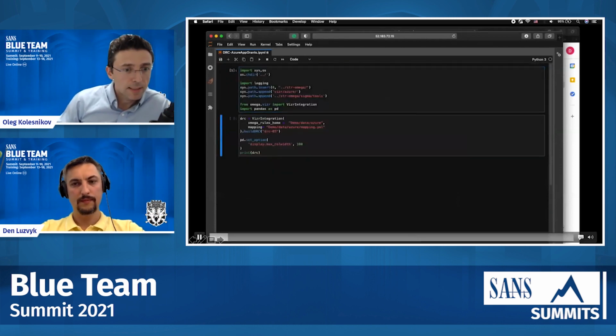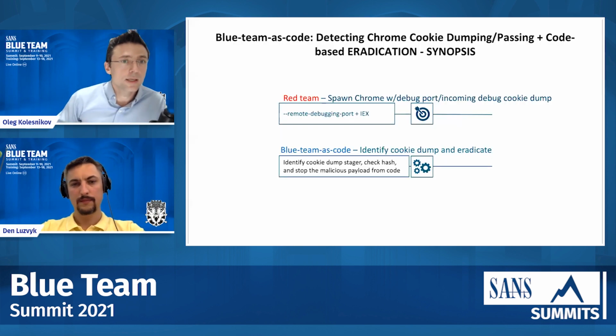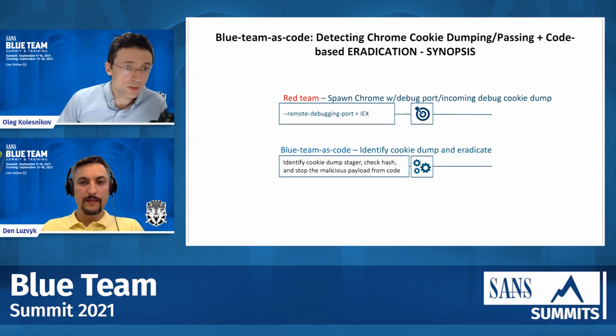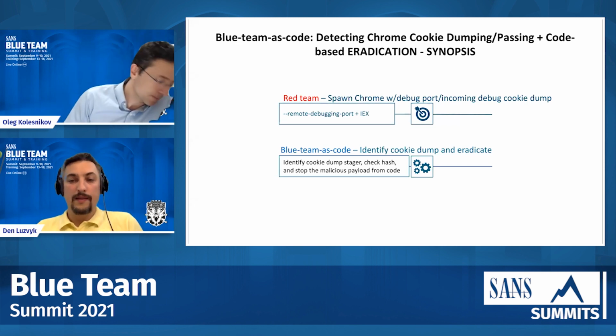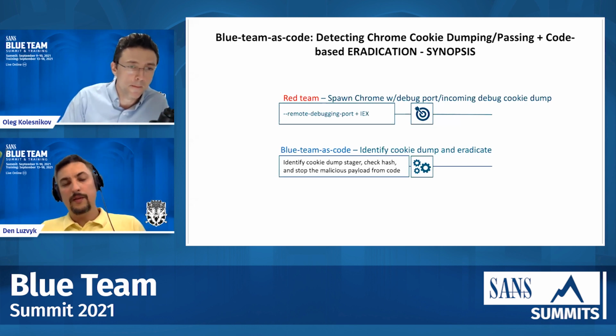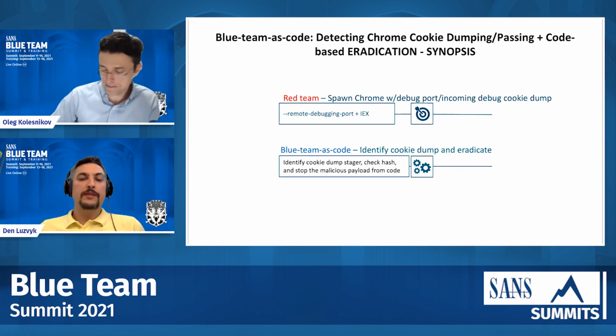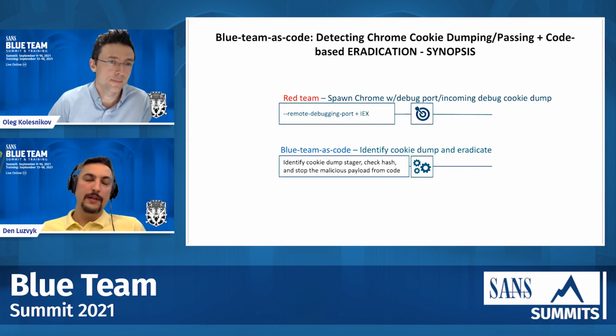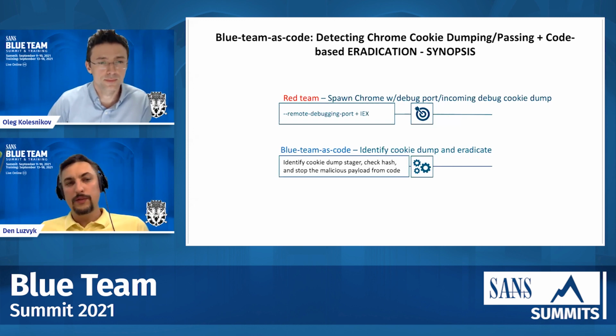So moving on, this one is going to be an example of eradication from code, which is also very important, Dan. Thank you. In this pass-the-cookie example, the Red team's objective is to dump target cookies and, with these cookies, get access to the cloud environment and GitHub account.